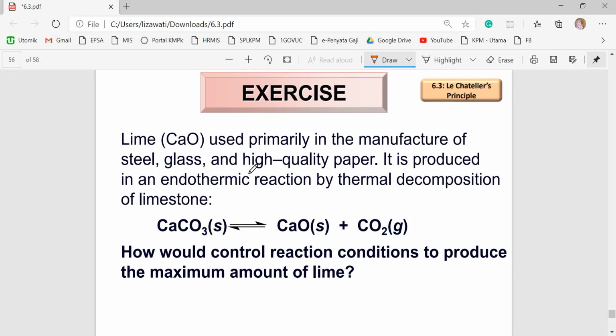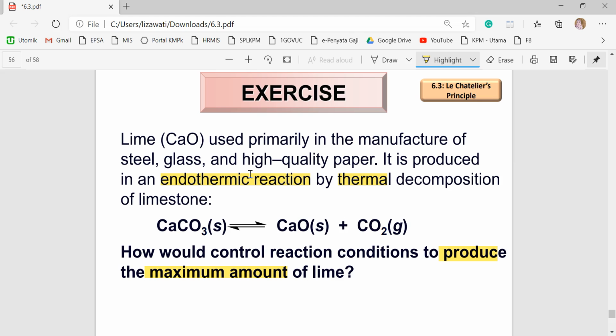So this is lime, CaO, used primarily in the manufacturing of steel, glass, and high quality paper. It is produced in an endothermic reaction by thermal decomposition of limestone. How would we control the reaction conditions to produce the maximum amount of lime?